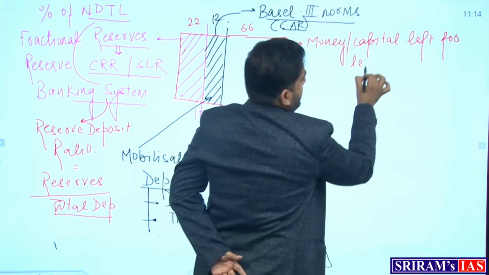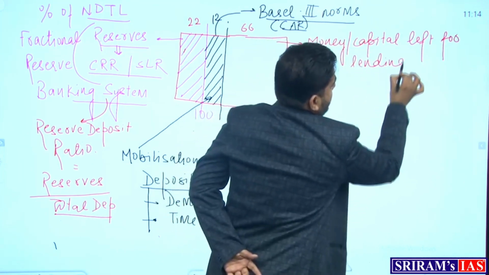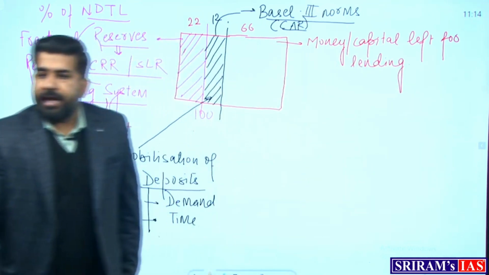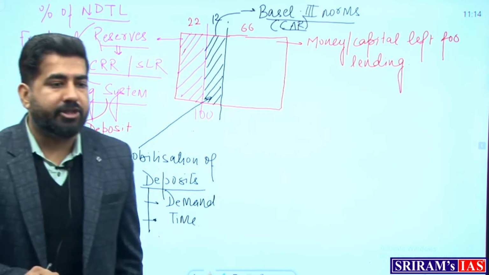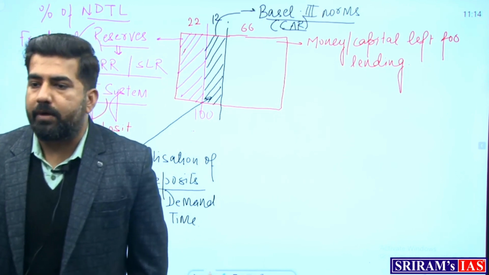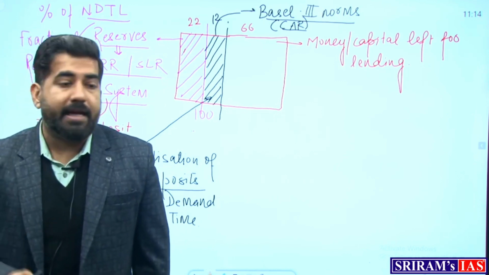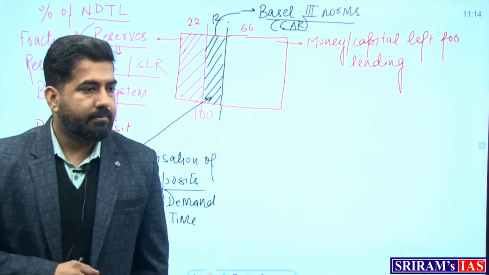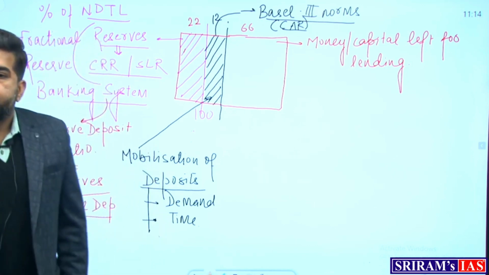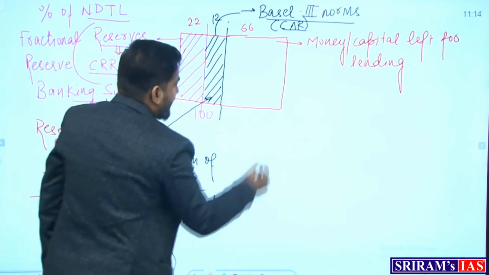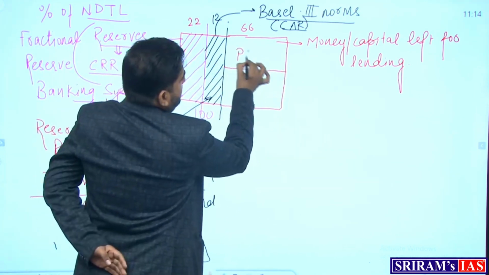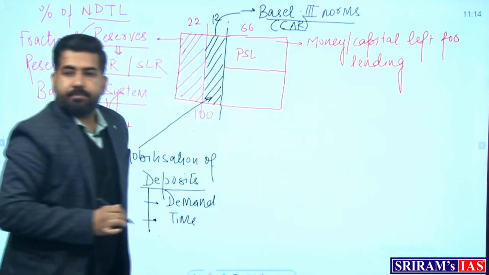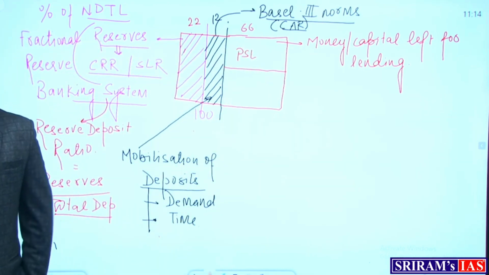But even in this, guys, banks don't have complete discretion to lend wherever they want. Why? Because here comes another requirement known as the PSL requirement, priority sector lending requirement.